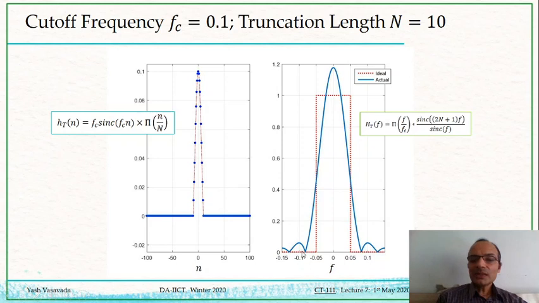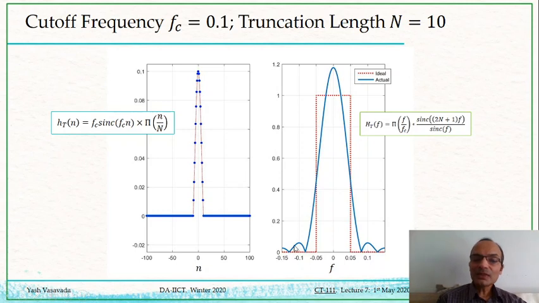In the frequency domain, I took this red colored ideal filter response, the rectangular pulse, but now I had to convolve it with a sinc function in the frequency domain, which is the Fourier transform of this rectangular pulse. But because capital N is pretty small, it is only 10 samples, in the frequency domain this sinc is pretty wide, because again of the duality reason.